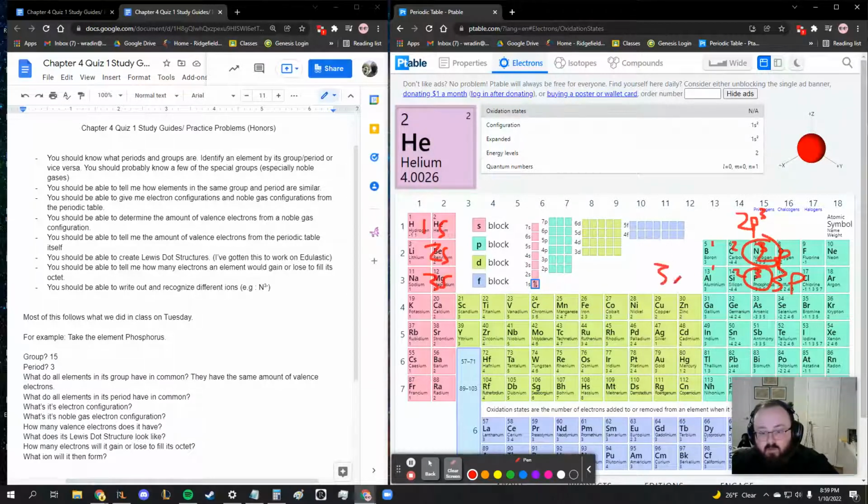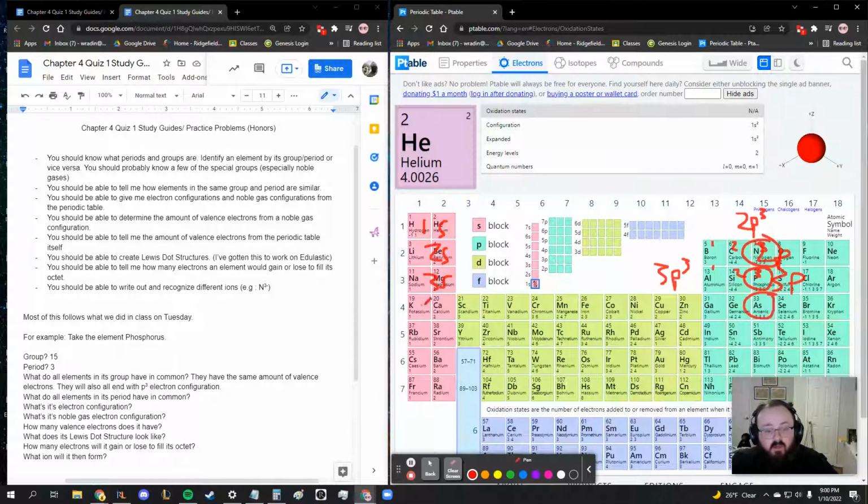We'll have 3p3. So when I say that all of the elements in the group, they will also all end with a p3 electron configuration. That's what I mean by that. They'll all end like that.